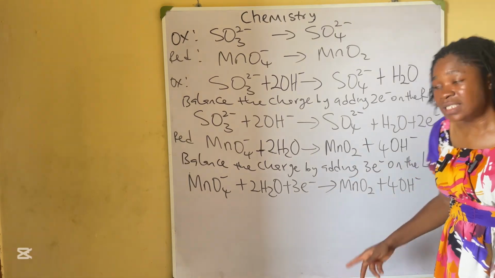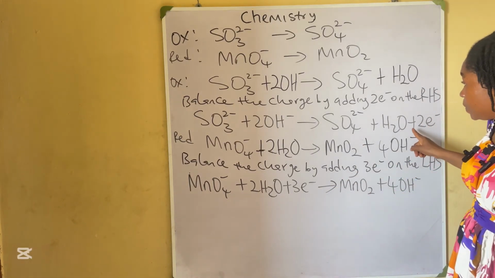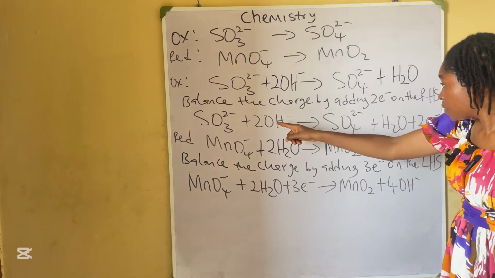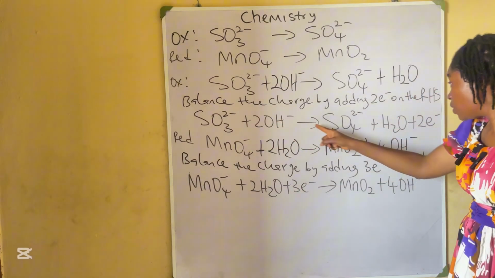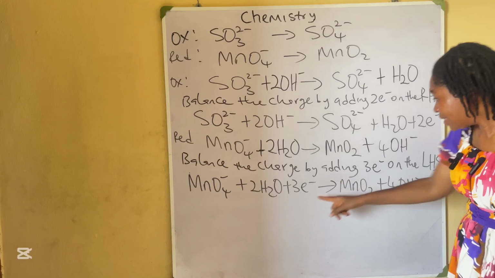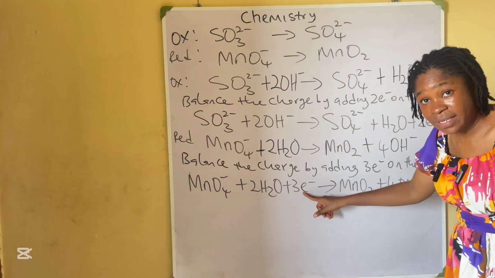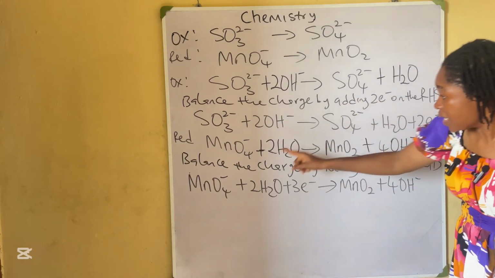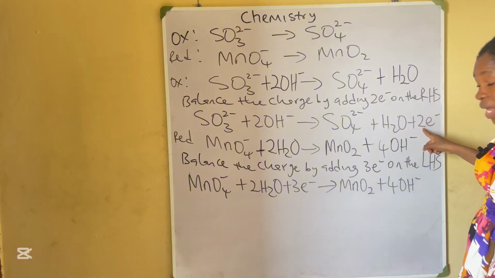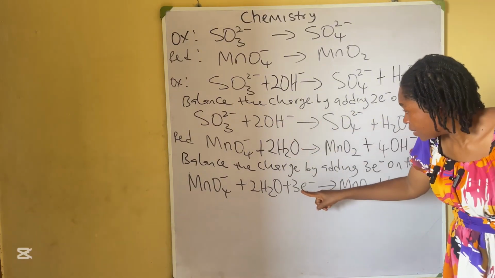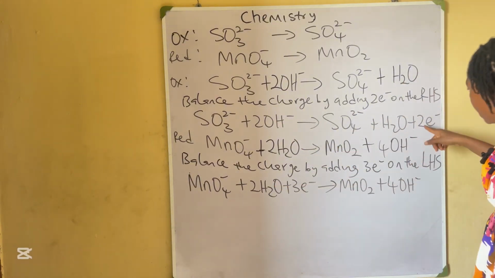So I'm going to balance it by multiplying oxidation by 3, the 3 moles of electron, and I will now multiply reduction by what? 2 electrons. So I multiply this one by 3. I multiply this one by 2.